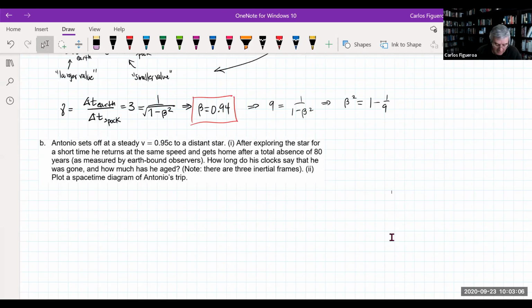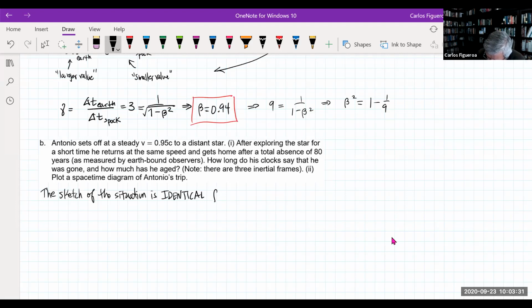Okay, so what I'm thinking here is that I can immediately say that the sketch of the situation is identical to the previous one.